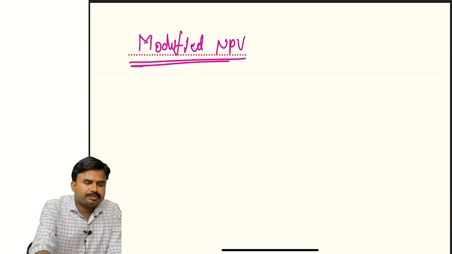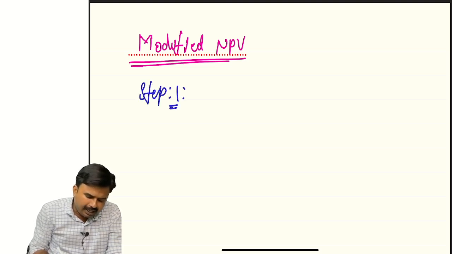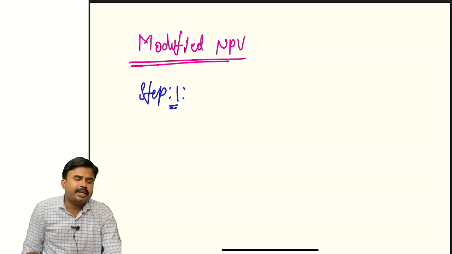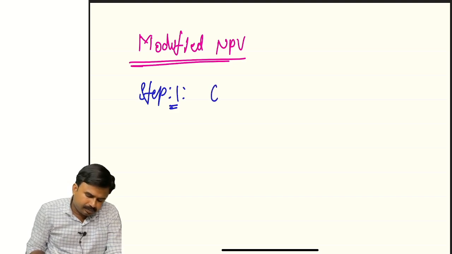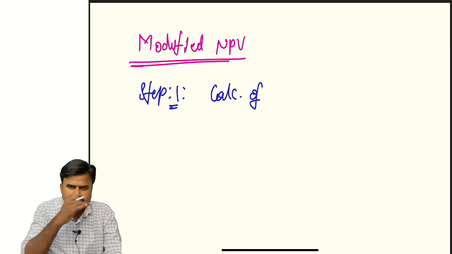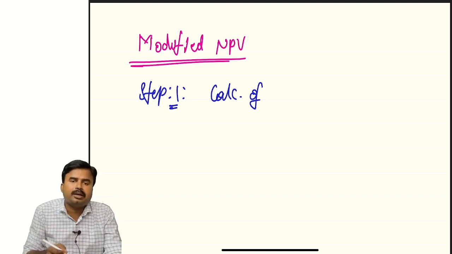First, under step number 1, calculate the terminal value by using the reinvestment rate as a compound rate. Convert all the years' cash inflows into the terminal year, just like in the modified IRR concept, by using the available reinvestment rate as a compound rate.